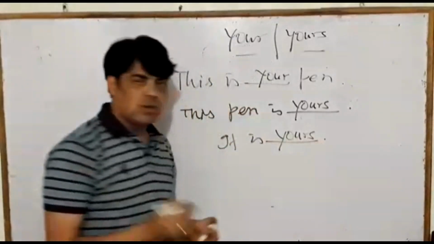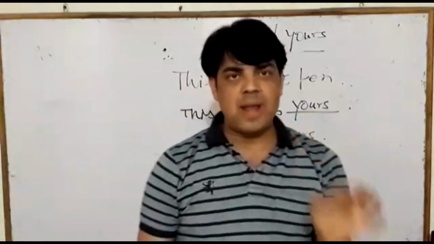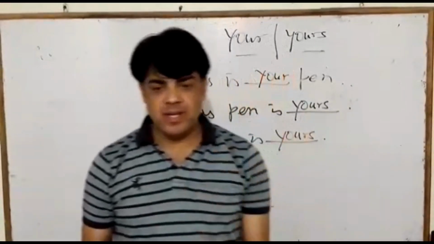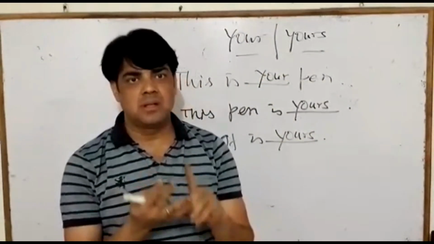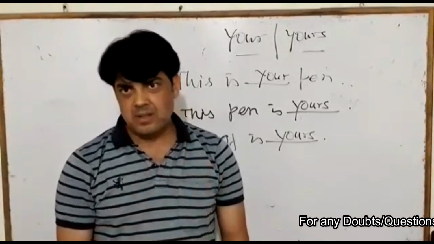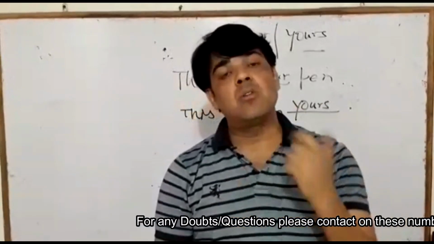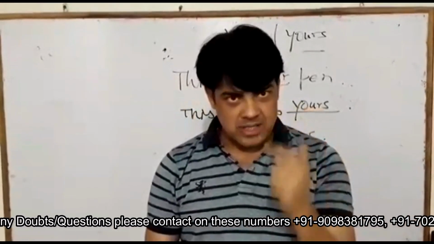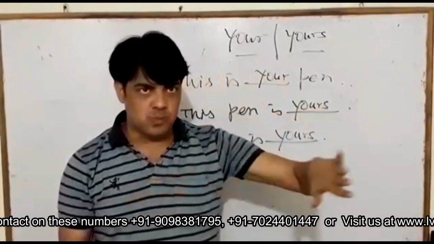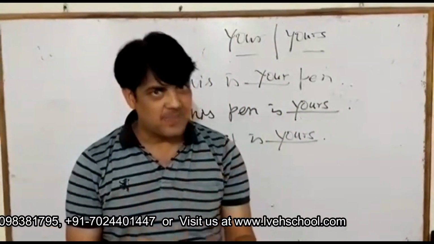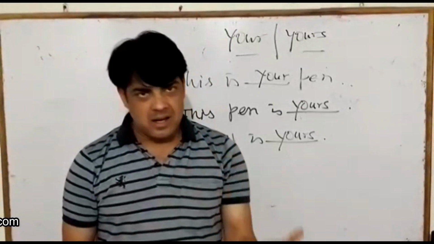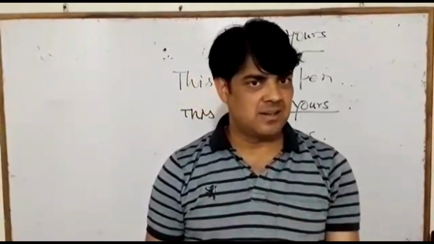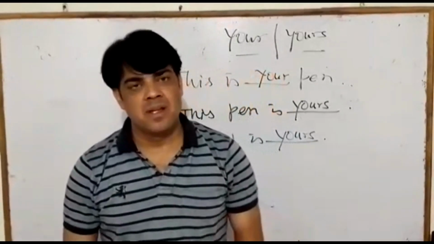So now we know very well, when the noun is given, we use my, your, our, her, their. But when the noun is not given, or the noun is hidden, or the noun is removed, we will use mine, yours, ours, hers, theirs. Is it clear?